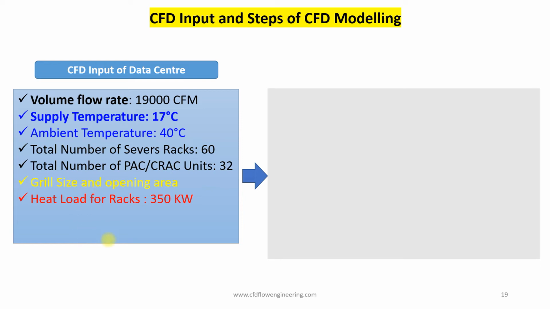We must know the heat load for the rack, and lighting heat load cannot be neglected because it may add some heat load. There may be additional heat load due to transfer of heat from the surroundings to the data center.